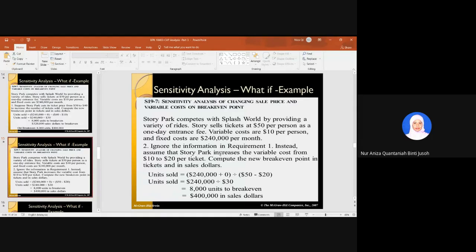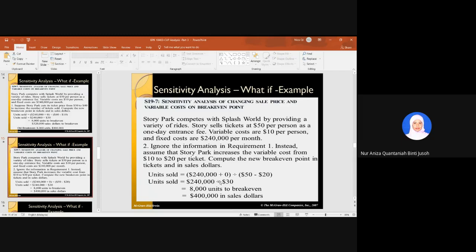Only the variable cost changes, so what will be the new break-even? Sales price is the same, 50, minus 20, you will get 30. This is the new contribution margin per unit.